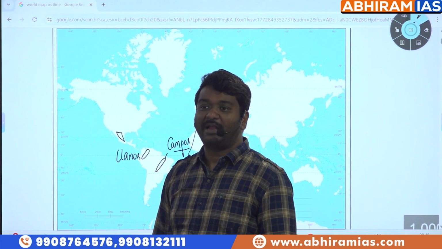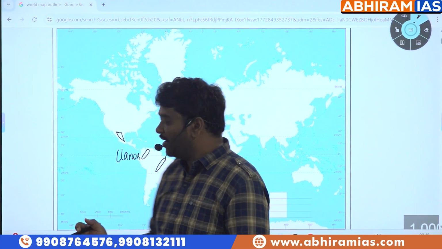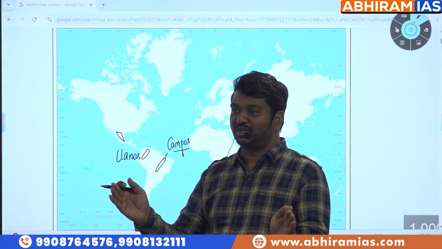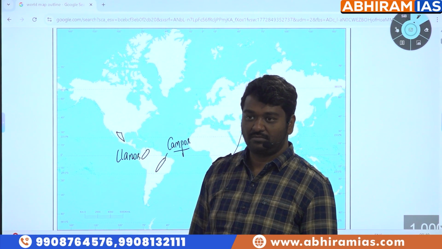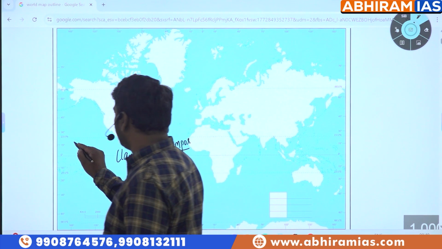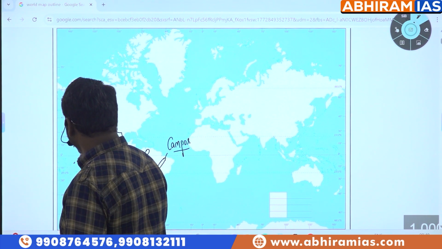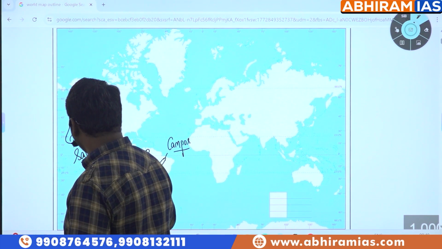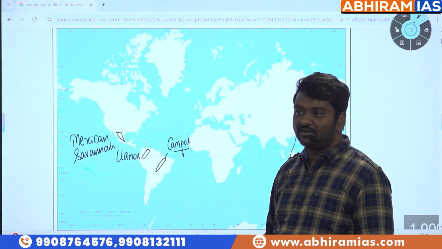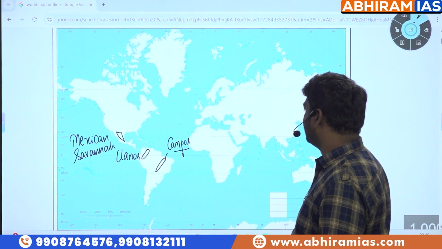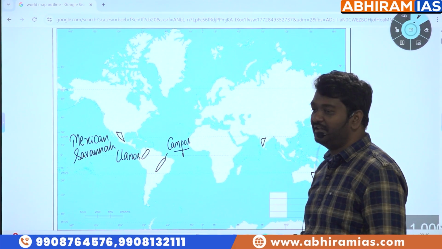It's like the Deccan Plateau of India where Western Ghats and Eastern Ghats are there. Same way, Mexico also has mountains on both sides. We call it the Mexican Plateau, which has a climatic condition called Mexican savanna. India has Indian savanna, Australia has Australian savanna.